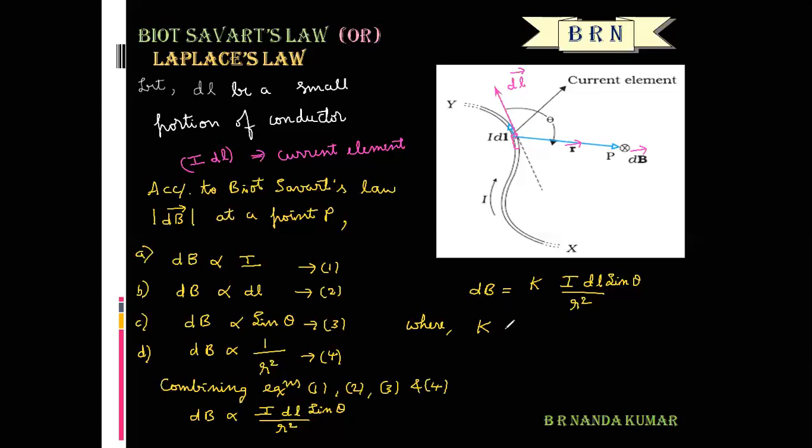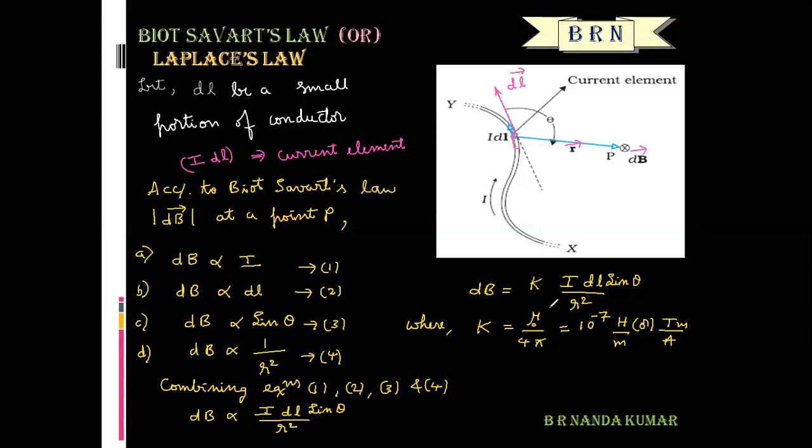So the value of K is mu naught divided by 4 pi, and this value is 10 power minus 7, and this is very, very important. So the unit of proportionality constant is Henry per meter or Tesla meter per ampere.